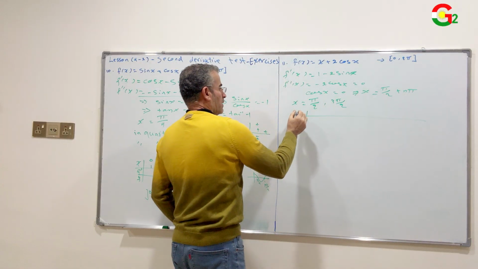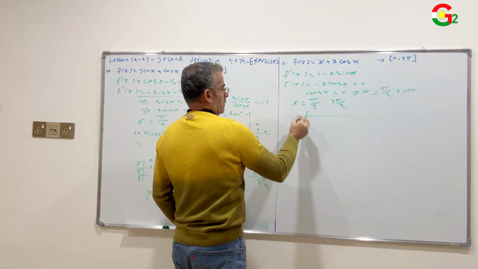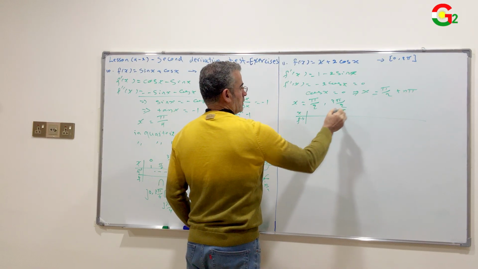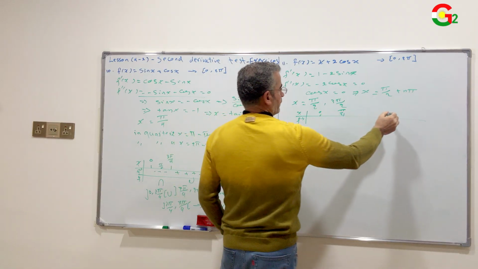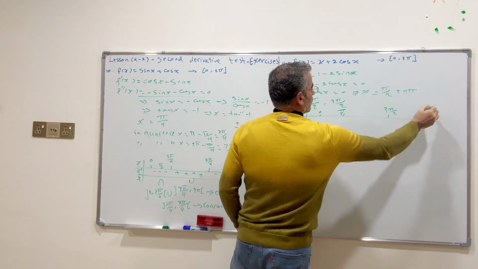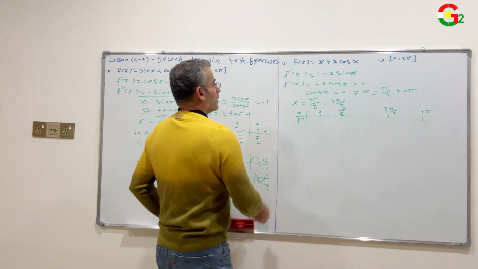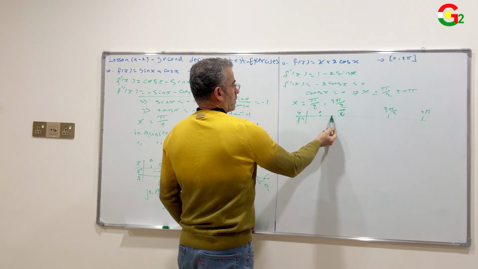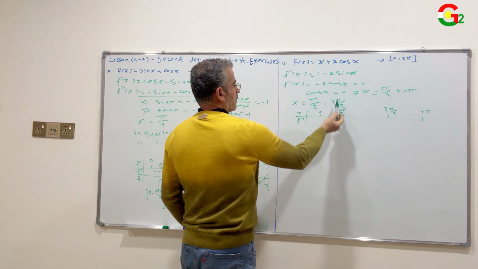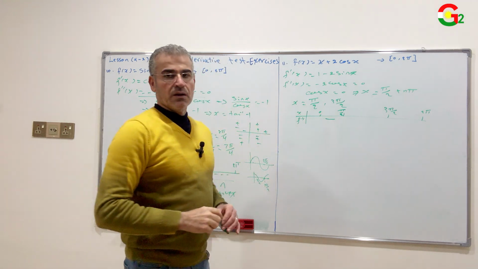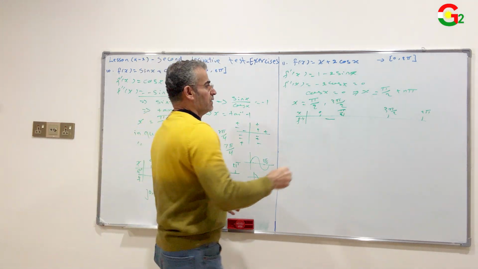Find the sign of the second derivative before and after these two values. 0, pi over 2, 3 pi over 2, 2 pi. This is the second derivative. Pi over 4, cosine pi over 4 is positive. Positive times negative, the second derivative here is negative.